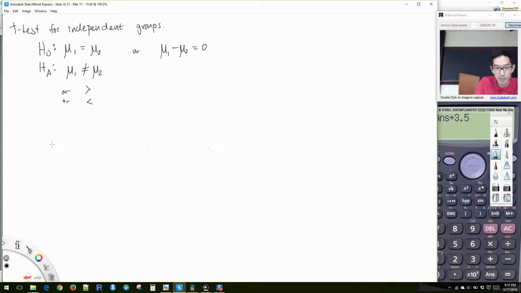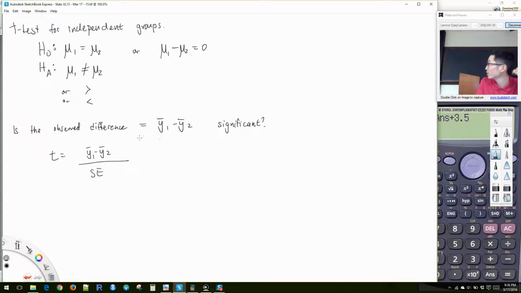And then the question is whether the observed difference, y bar 1 minus y bar 2, is significant. We answer that with our test statistic. We take the size of our observed difference and divide that by our standard error. Our standard error is given by this formula.